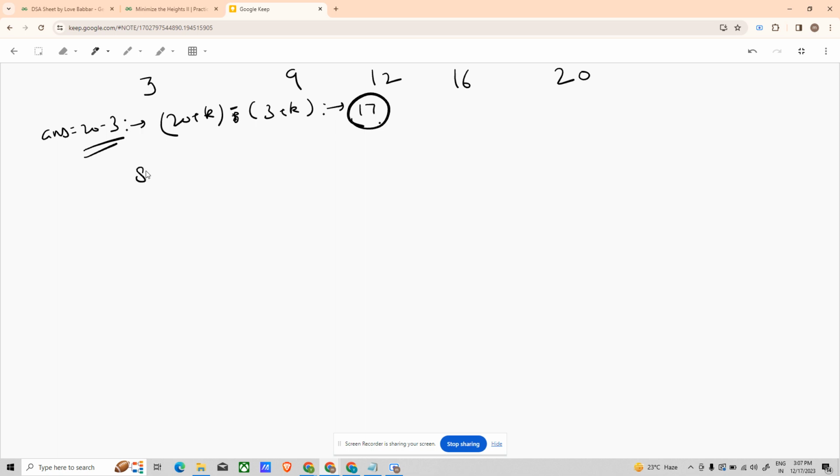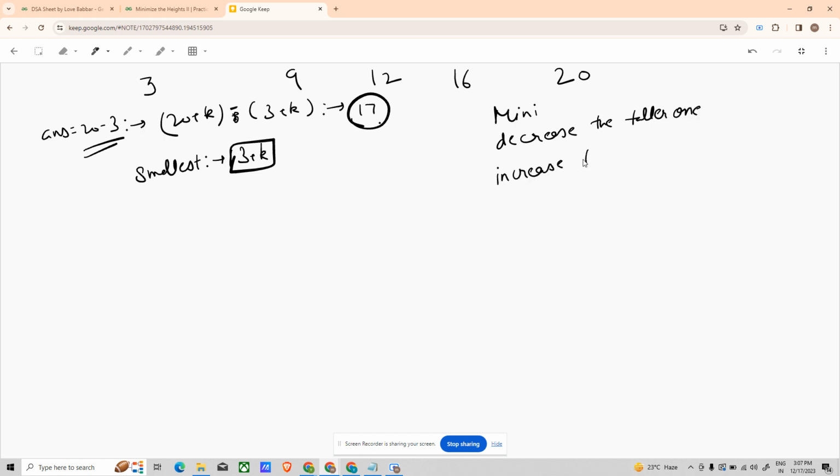I say the smallest you could make out of all these is 3 plus k after adding k, because to minimize the difference, you have to decrease the taller one and you have to increase the smaller one. Smallest is 3 plus k, where you have increased the smaller one, and largest is 20 minus k because you have to decrease the taller one.